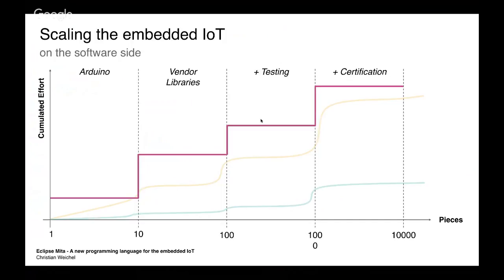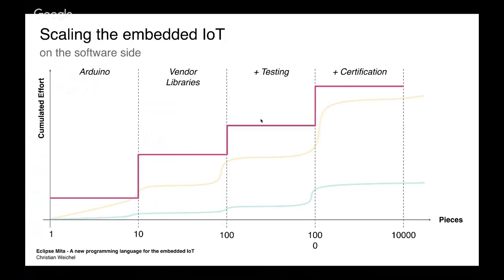So in the 1 to 10 scale, you would start with something like Arduino, and then later, once you go to sort of the 10 to 100 side of things, you might need some more efficiency. So you're more likely to look at vendor libraries like STM32Cube and stuff like that. Eventually, testing will play a bigger role because you have more and more devices that you need to manufacture, and so you need to make sure that they actually do what you want them to do. So end-of-line testing and stuff like this becomes more interesting.